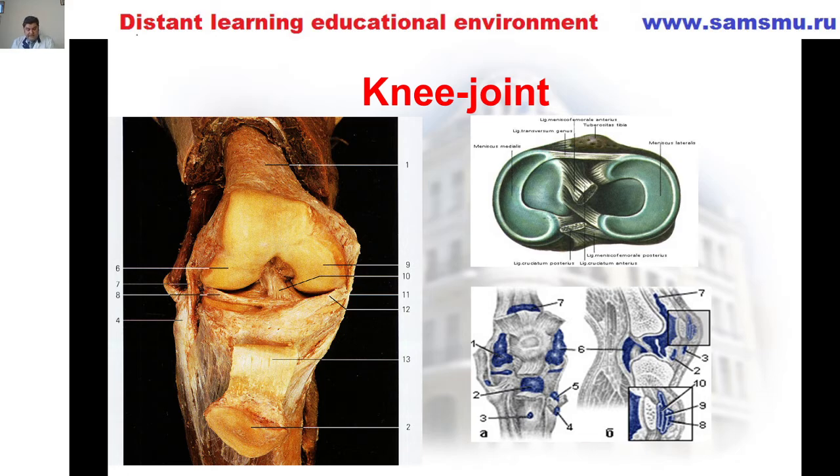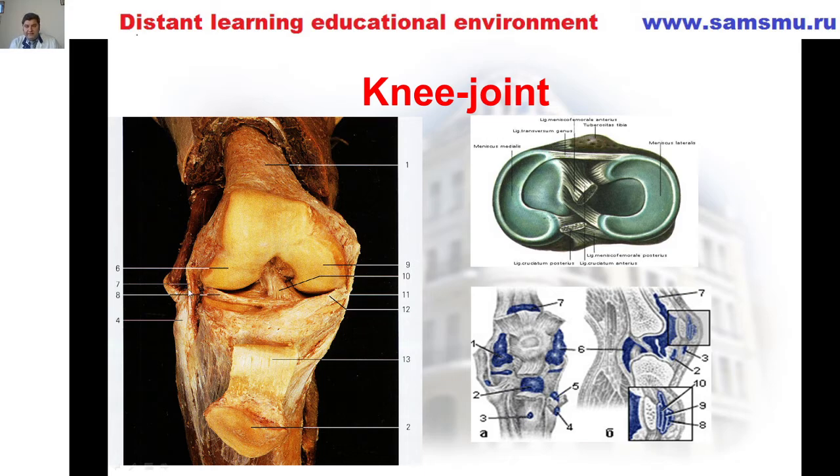The medial and lateral ligaments are stretched on the side of the joint perpendicular to the frontal axis. Ligamentum collaterale tibiale and ligamentum collaterale fibulare. Ligamentum collaterale tibiale stretches on the medial side from the medial epicondyle of the femur to the edge of the tibia and fuses with the capsule and the medial meniscus.